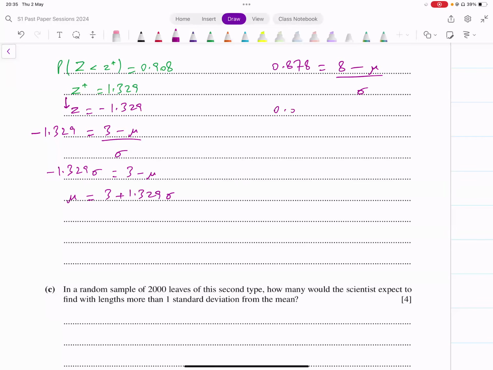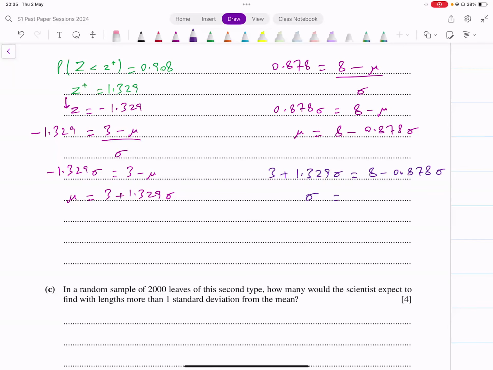From the other equation, we get 0.878 sigma equal to 8 minus mu. Mu equals 8 minus 0.878 sigma. Now we equate both of them, and that gives us 3 plus 1.329 sigma equal to 8 minus 0.878 sigma. And that's going to give us the value for sigma.